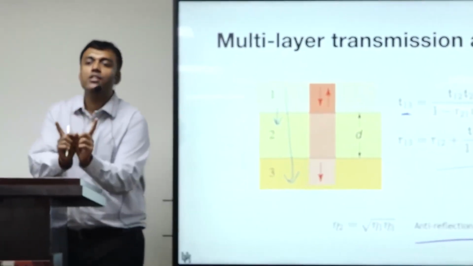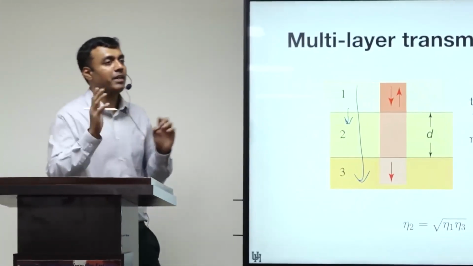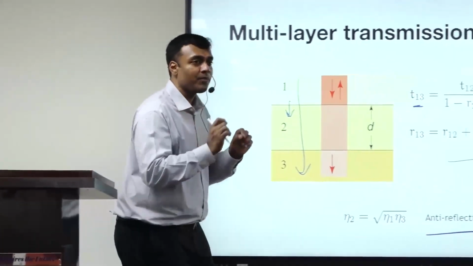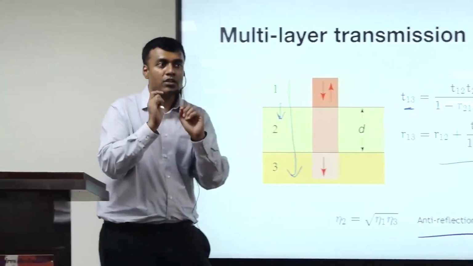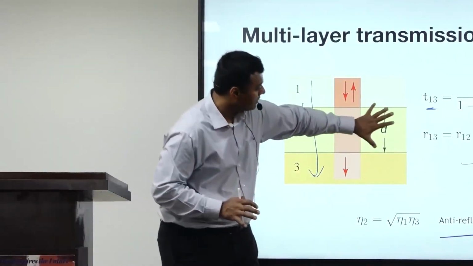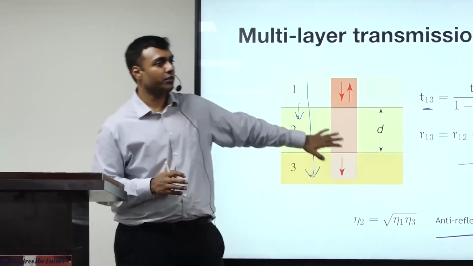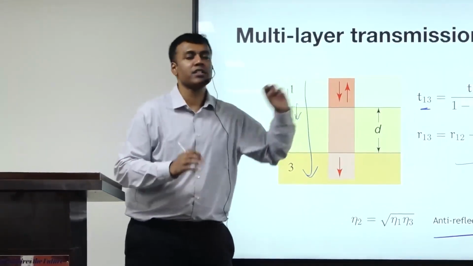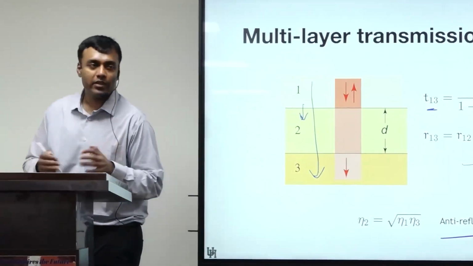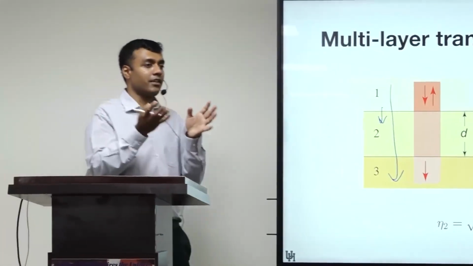You can't make it for all possible wavelengths, but for a small range of wavelengths, you can put a coating of thickness D such that the transmission coefficient is 100% and reflection coefficient is 0%. That way you can build very efficient systems.